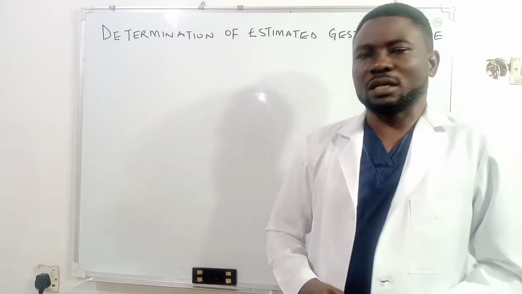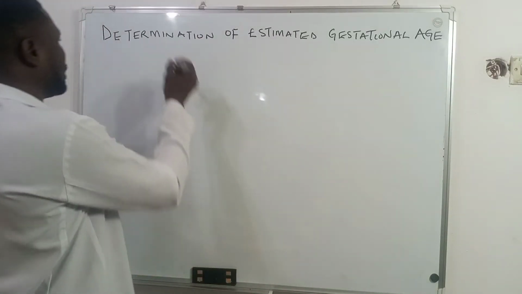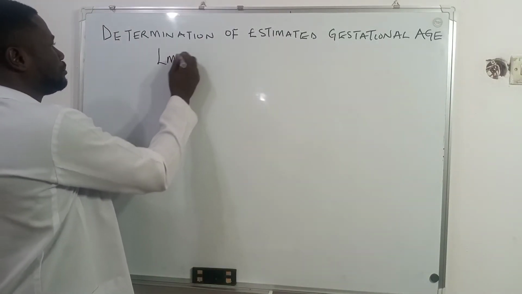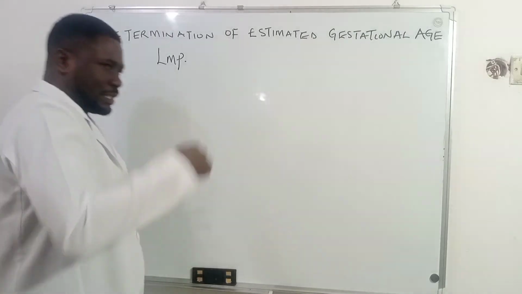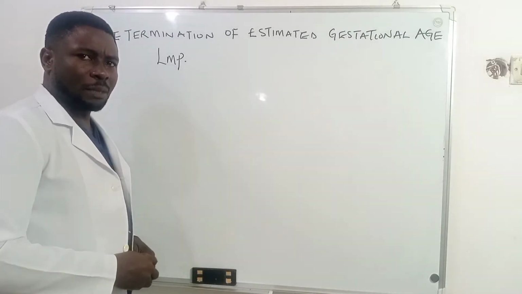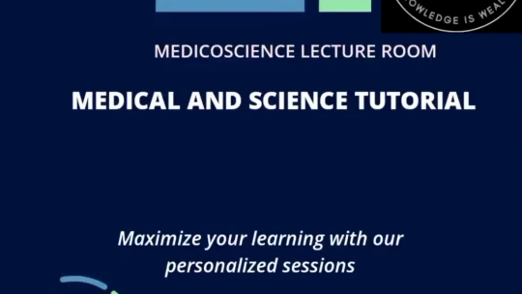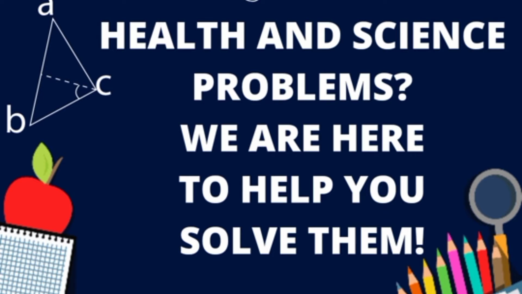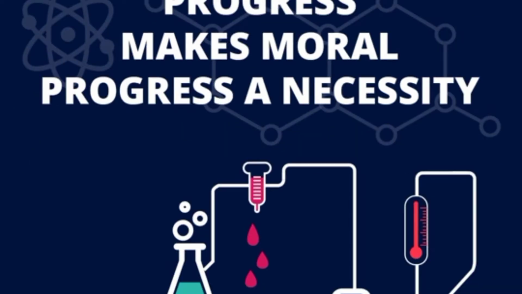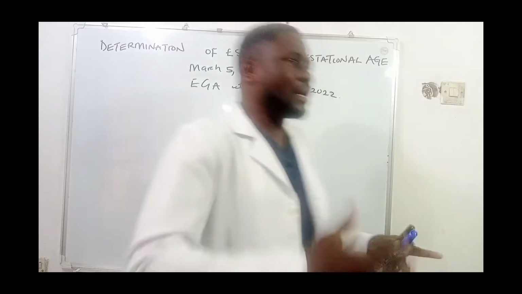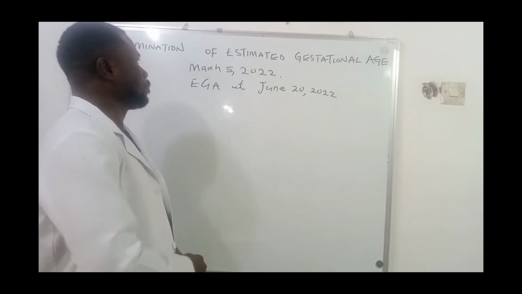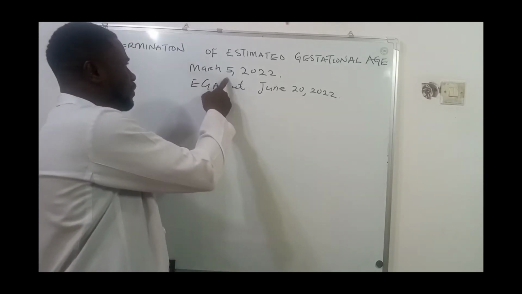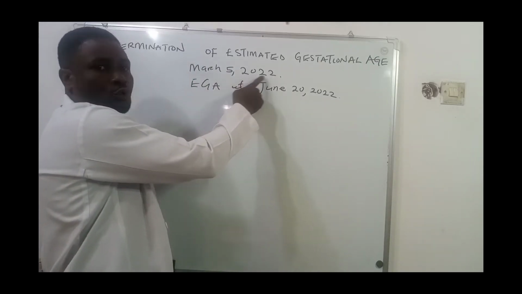Two dates are critical. First is the last menstrual period, and secondly is the date at the time she wants to know how old the pregnancy is. So let's consider an example of a woman whose last menstrual period was on March 5, 2022.